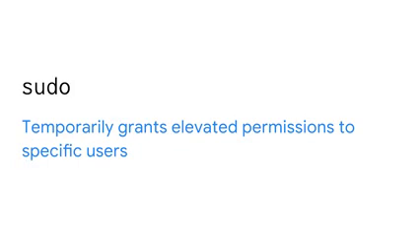One solution to help solve this problem is sudo. Sudo is a command that temporarily grants elevated permissions to specific users. This provides more of a controlled approach compared to root, which runs every command with root privileges. Sudo solves lots of problems associated with running as root.